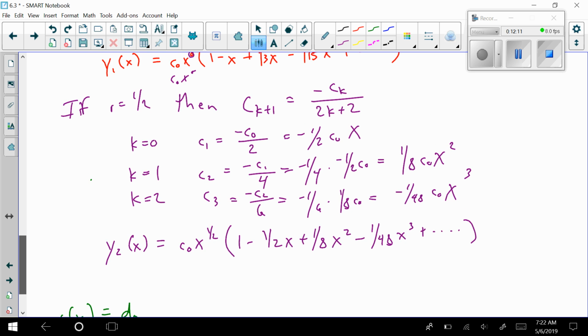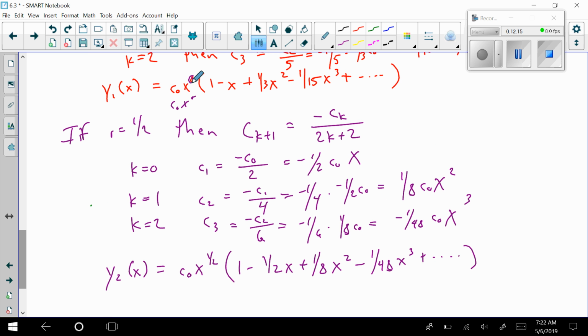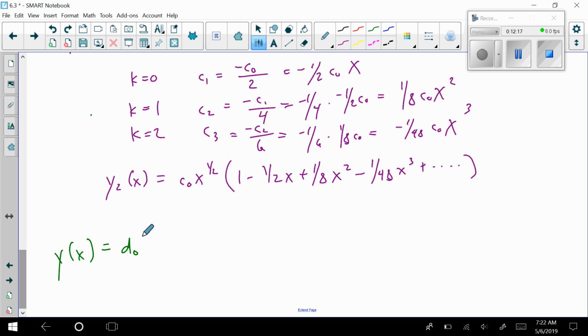Now, because it's a 0 here, this top one is just x to the 0. I'm not even going to bother putting it, but you could put it in there. It's just not typically how we would do it. 1 minus x plus 1/3 x squared minus 1/15 x cubed, and so on.